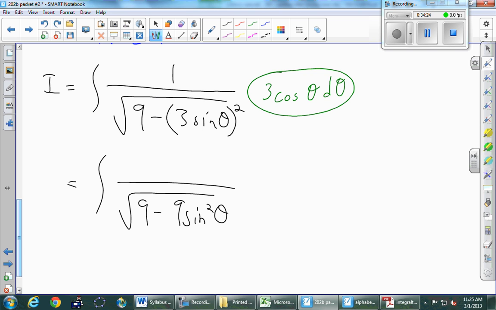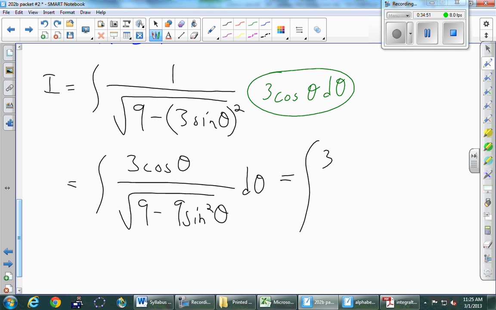I'm going to put that 3 cosine theta upstairs. Okay, what are we going to factor downstairs? Take that 9 outside.